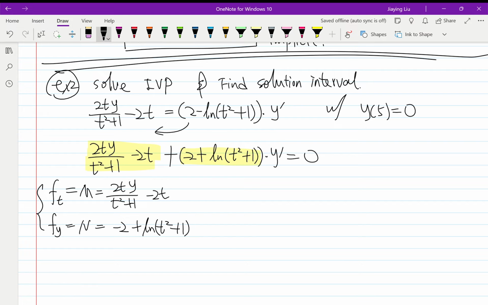What do you think? Is that an exact equation? No? Yes? Okay, keep working on it.